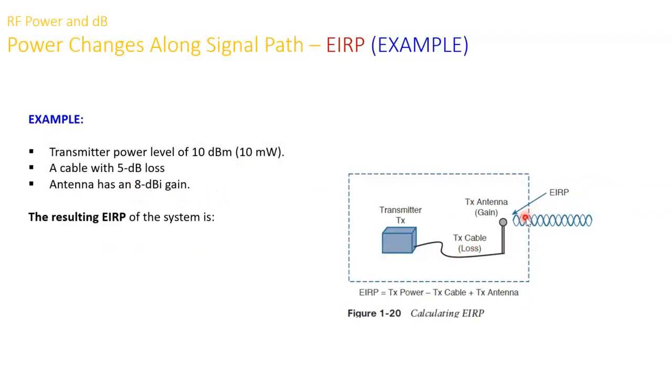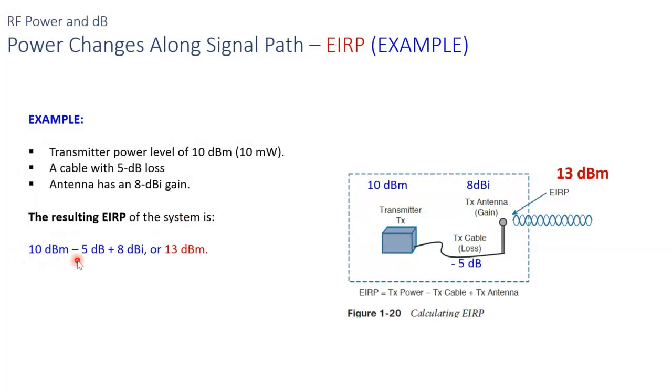With antenna gain 8 dBi. So transmitter power 10 dBm, the cable loss minus 5 dB, and the antenna gain 8 dBi. This equals EIRP: 10 dBm minus 5 dB plus 8 dBi equals 13 dBm. 10 minus 5 plus 8, 13 dBm.